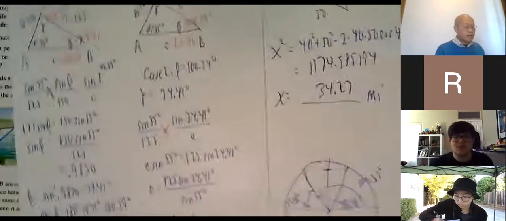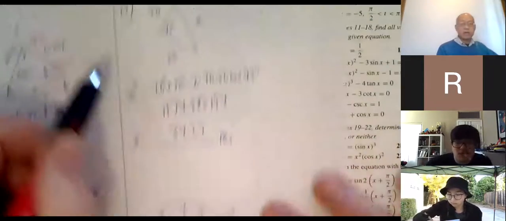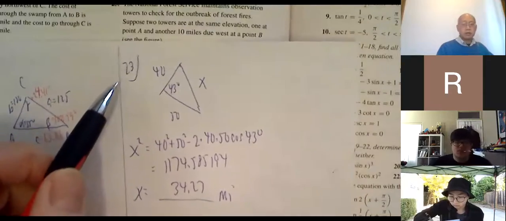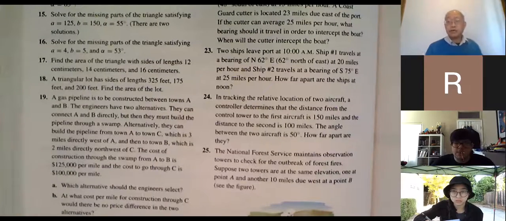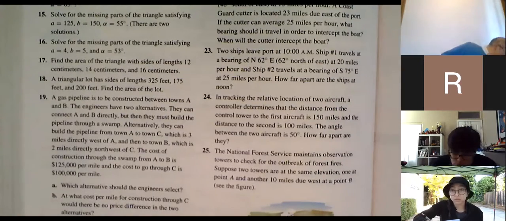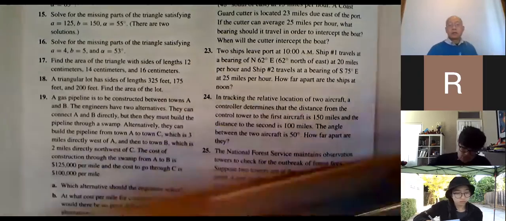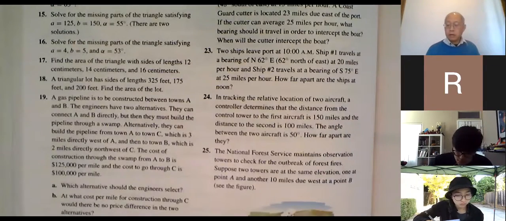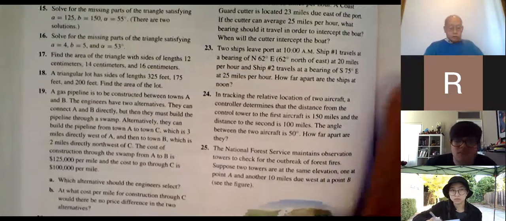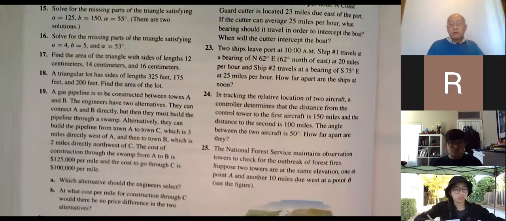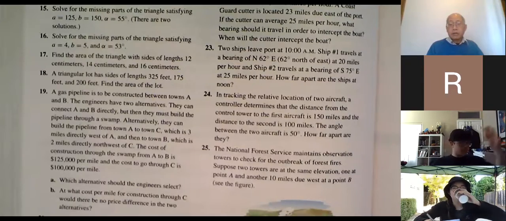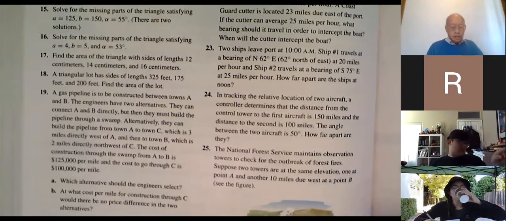Okay, now let me see if I can tackle 23. It might come back to this picture, but I'm not sure what happened here because that's far from what we see here. All right, so let me try 23. So let me try to draw a picture of this more. Okay, ship number 1, north, 62 degrees east.